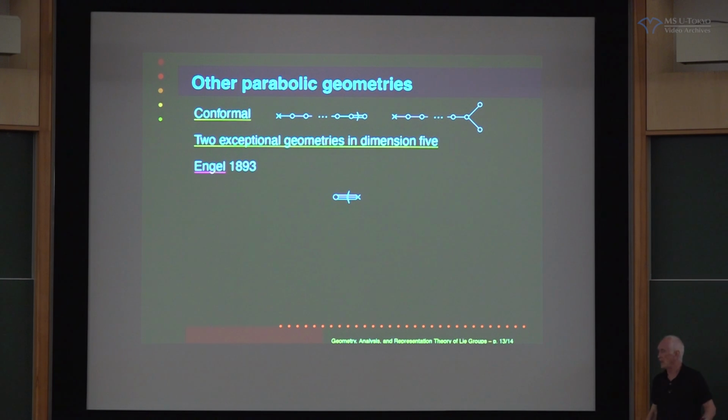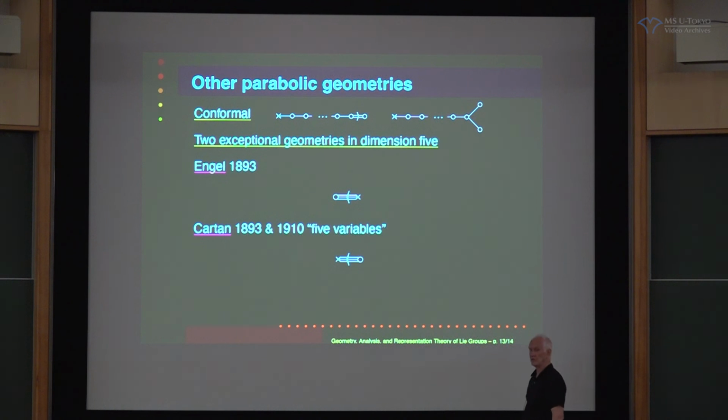What Engel did in 1893, just before people really believed that G2 actually existed, the title of his article is something like, look, there's a 14-dimensional interesting algebra. And he writes down an exterior differential system for this algebra, its symmetries. And this is also the basis of another differential geometry. You notice the cross is in a different place, another 5-dimensional geometry.